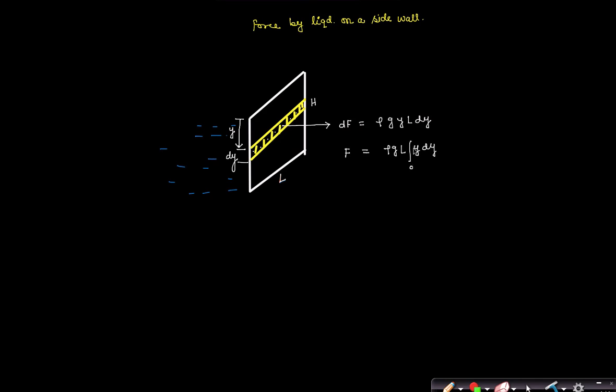Y will vary from 0 to h, and you will find it is rho g L h square by 2. Yes or no?